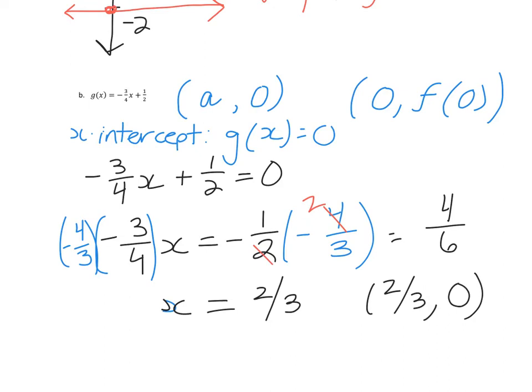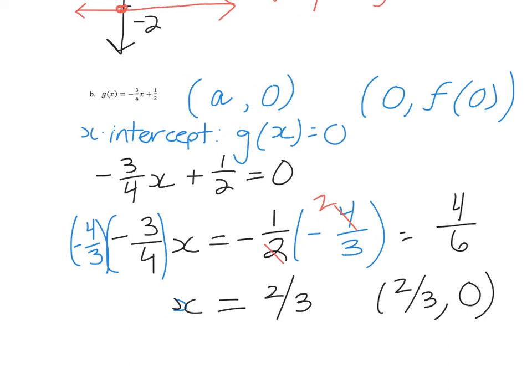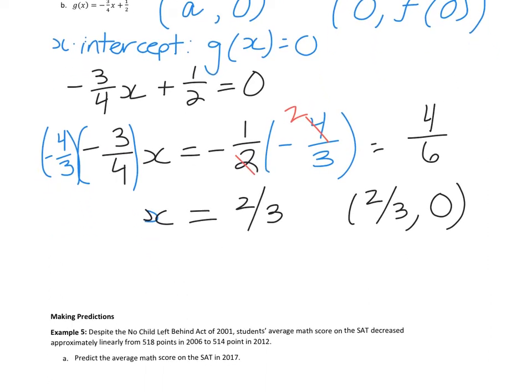Let's do our y-intercept. The y-intercept's a little bit easier because we get to plug in 0. So again, that happens when x equals 0. And we can write, whoops, I forgot the function.